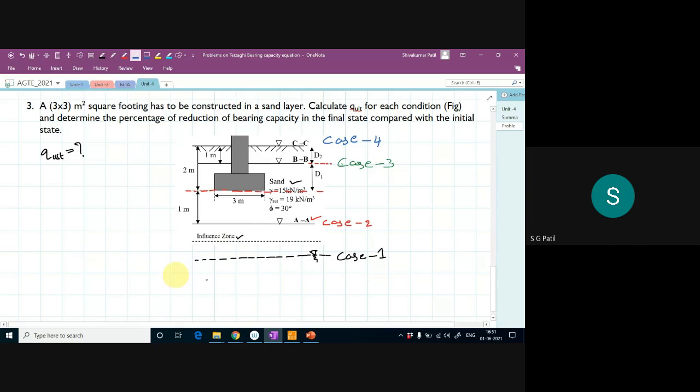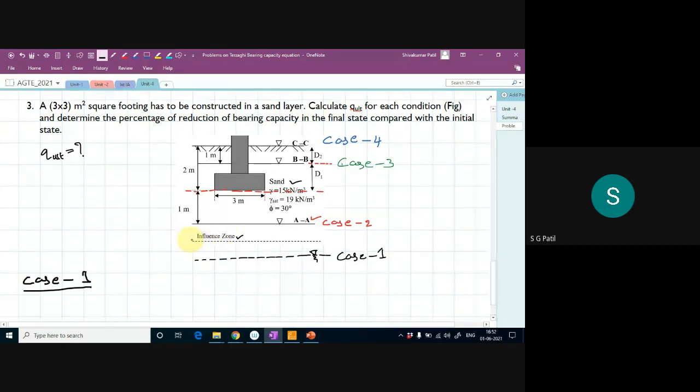So let us solve case by case. Let us start with case number 1. Does any water table correction have to be applied for case number 1? If you look at the problem, is any water table correction needed? No, sir. Why is it not needed?